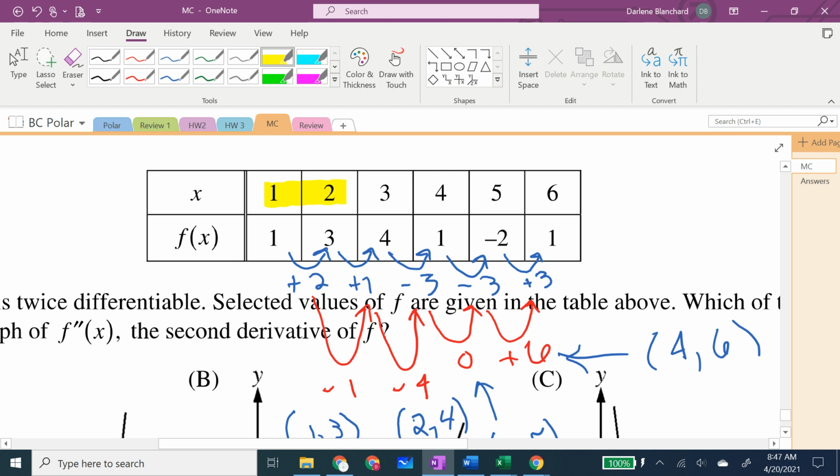Understand that this is what the mean value theorem is telling us. Somewhere between x equals 2 and 3, we will have a slope of a positive 1 somewhere in there.